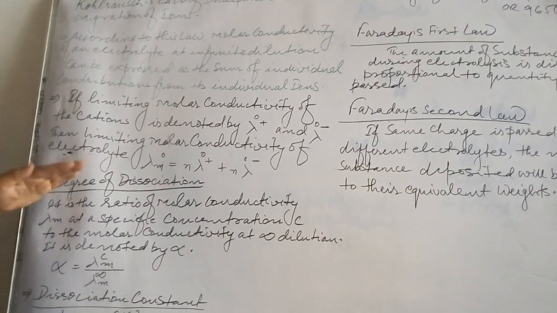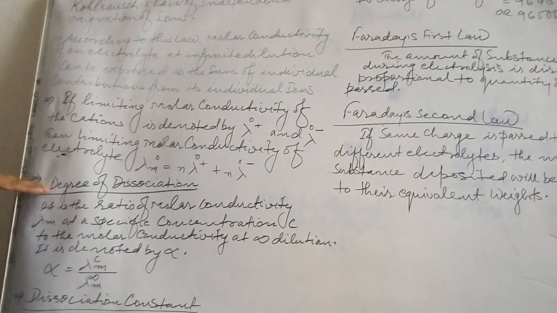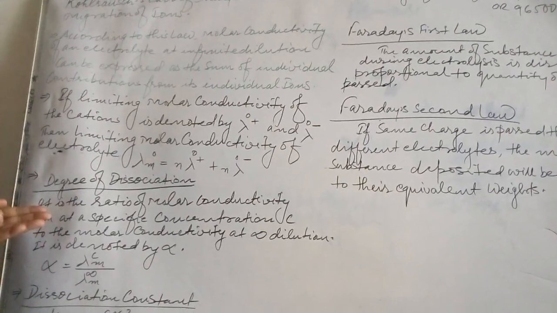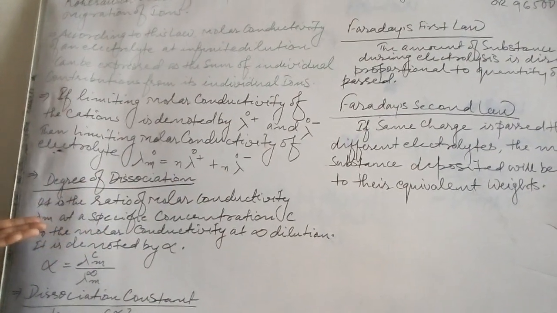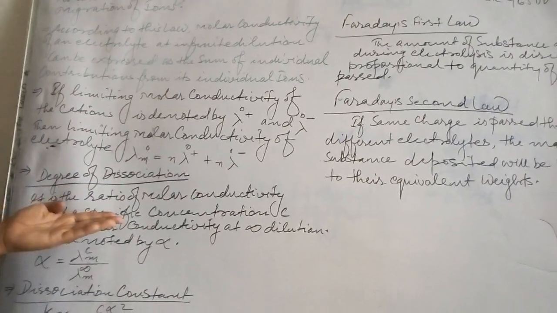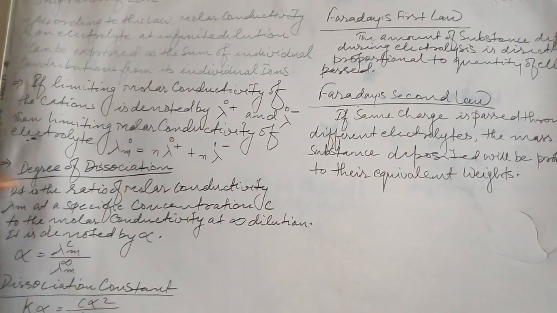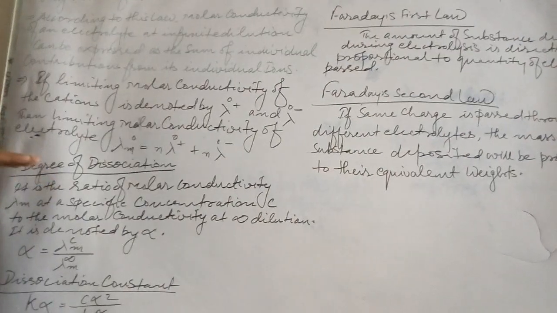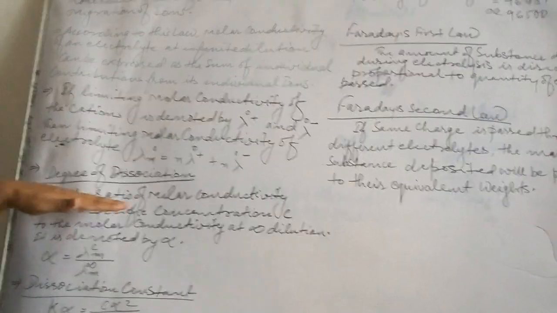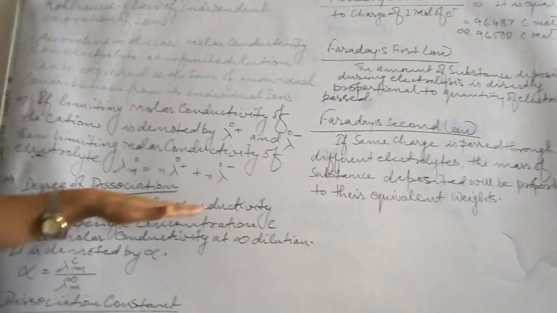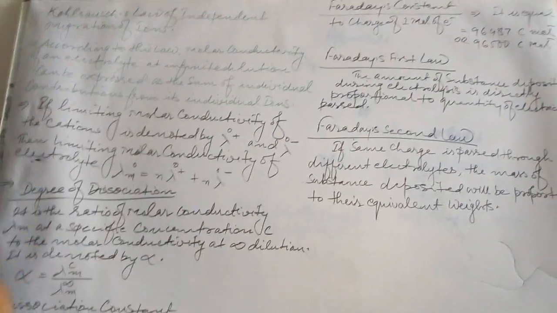Children, now there are some essential terms which we have to go through. The first one is the degree of dissociation. It is the ratio of molar conductivity lambda m at a specific concentration capital C to the molar conductivity at infinite dilution.